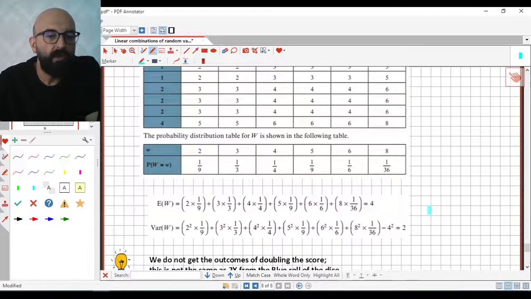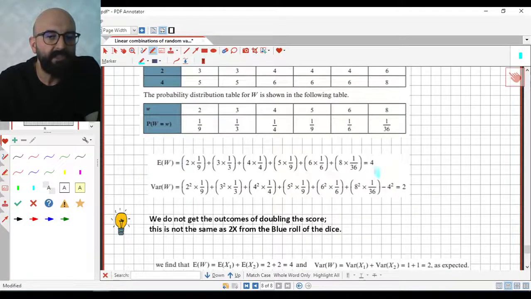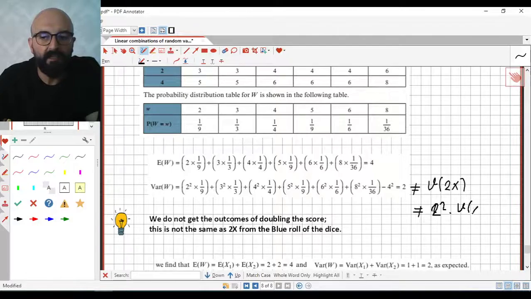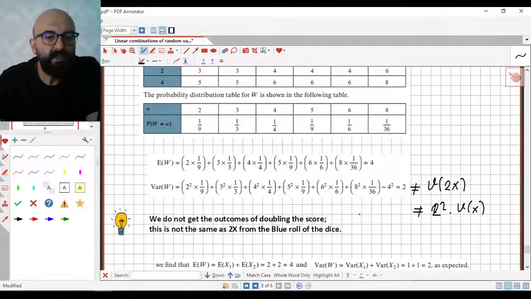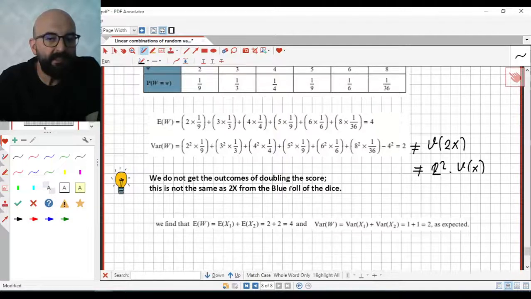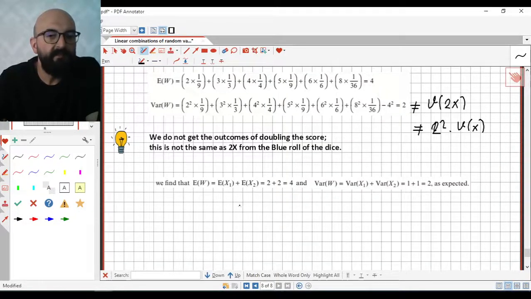If we want to work out the expectation, it is the same. But if we want to work out the variance too, it isn't the same. The variance of x plus x isn't the same as 2 squared multiplied by the variance of x. We don't get the outcomes of doubling the score. This is not the same as 2x from the blue roll of the die.